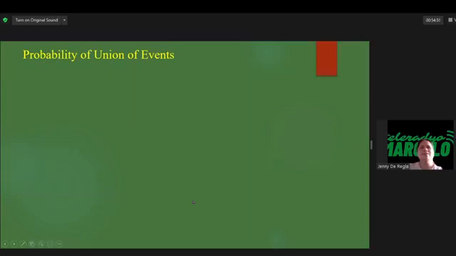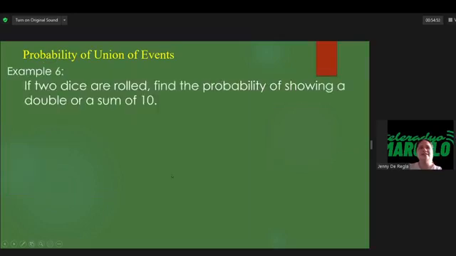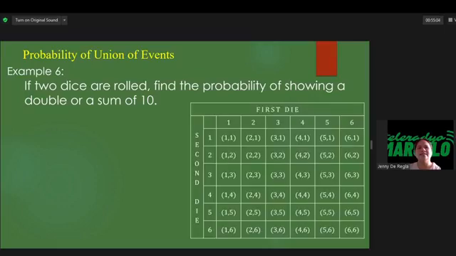Right. Example 6. If 2 dice are rolled, find the probability of showing a double or a sum of 10. So again, given the 2 dice, we're looking for the probability of showing a double or a sum of 10.